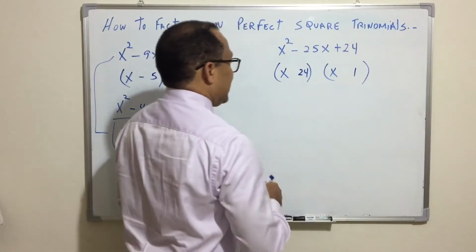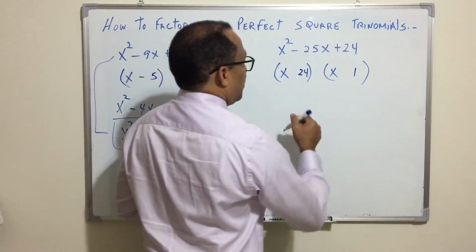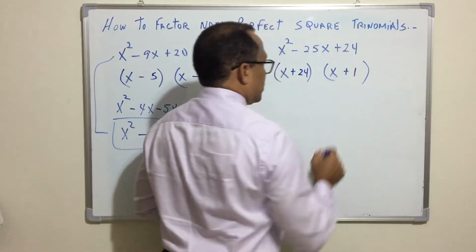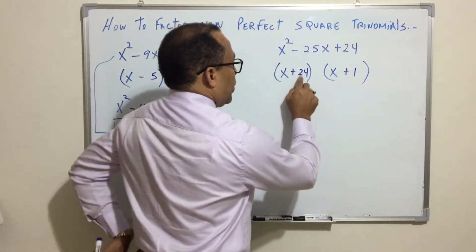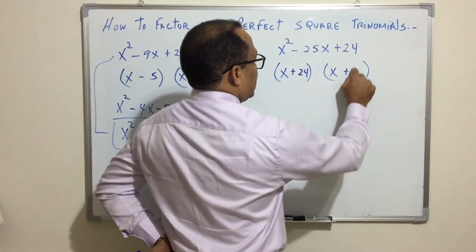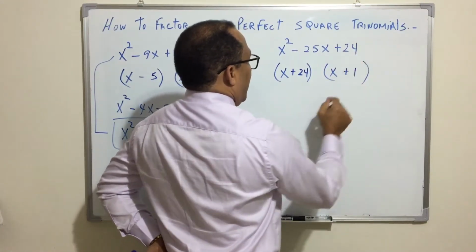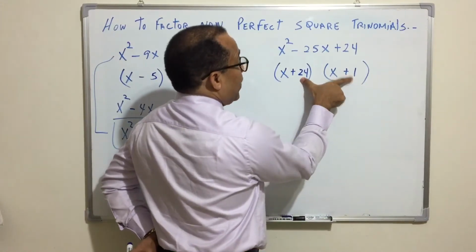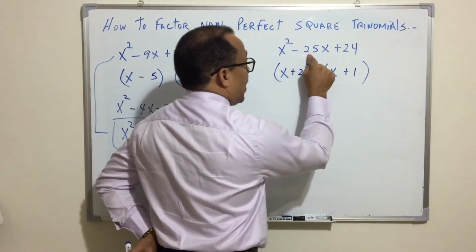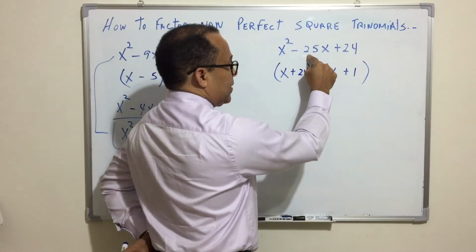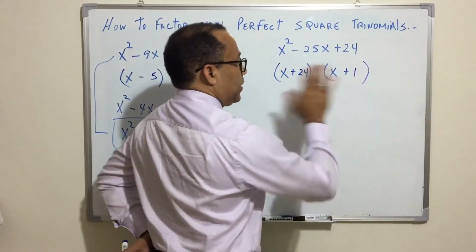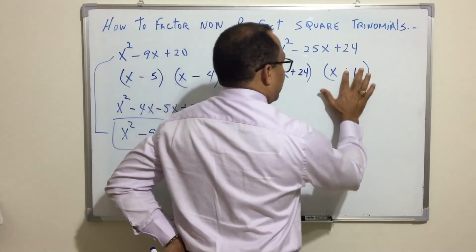Let's see what happens if you put positive signs in both binomials. 24 times 1 is positive 24, but 24 plus 1 is positive 25. And this is not a positive 25, it's a negative 25x. So the signs are incorrect. They are not positive and positive.